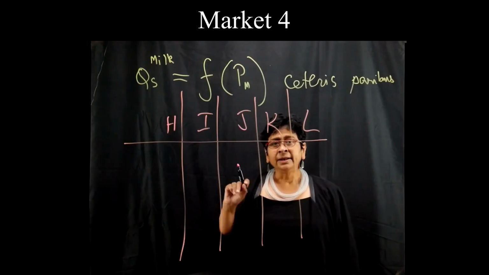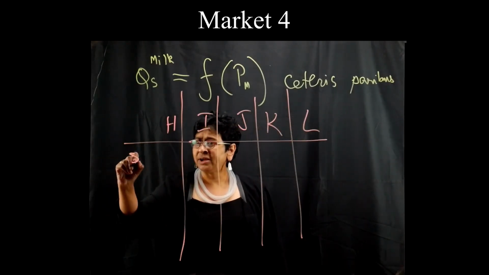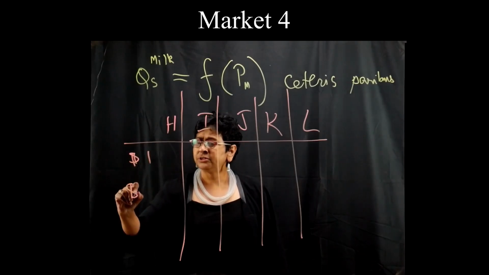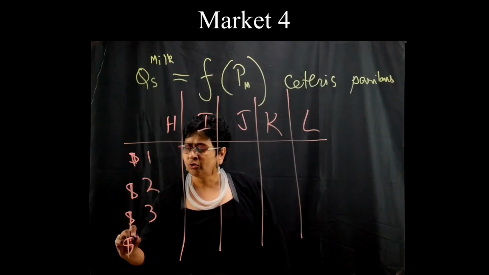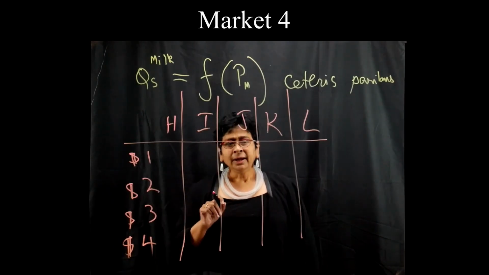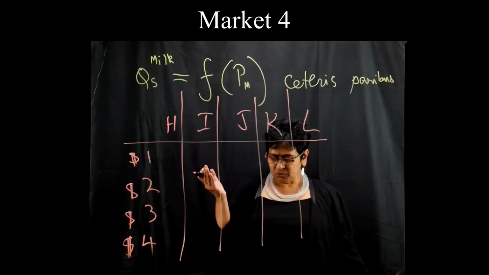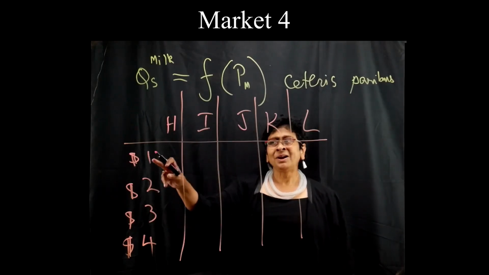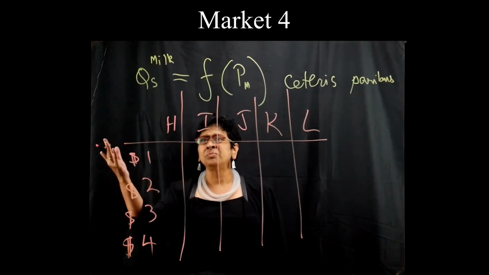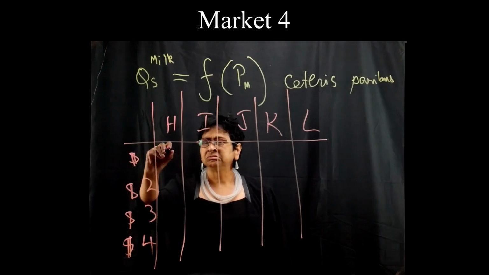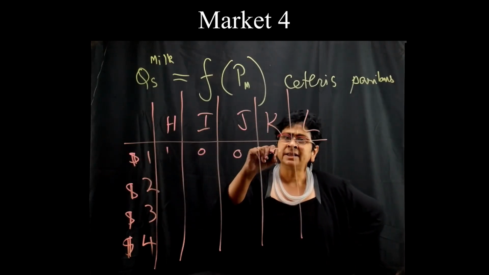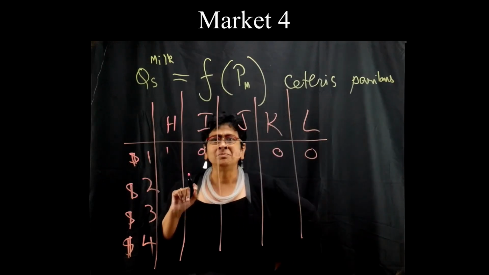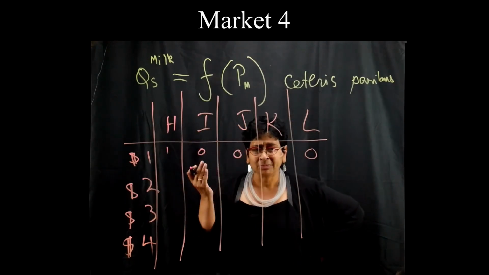Now, let's say that the price was $1, $2, $3, $4, and so on. When the price was $1, that price was too low. Only one producer, H, was willing to supply a unit of milk. Nobody else felt that it was worth their while to sell milk because they're not making a whole lot of money when the price is 1.